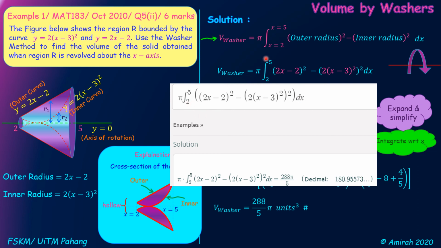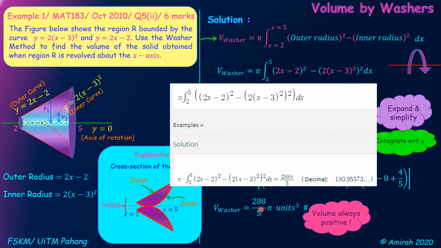Pi, and then the integral from 2 to 5 of (2x minus 2) squared minus (2 times (x minus 3) squared) squared dx. This is the syntax in SymbolLab. Then we press enter, so we will get 288 pi over 5 here.